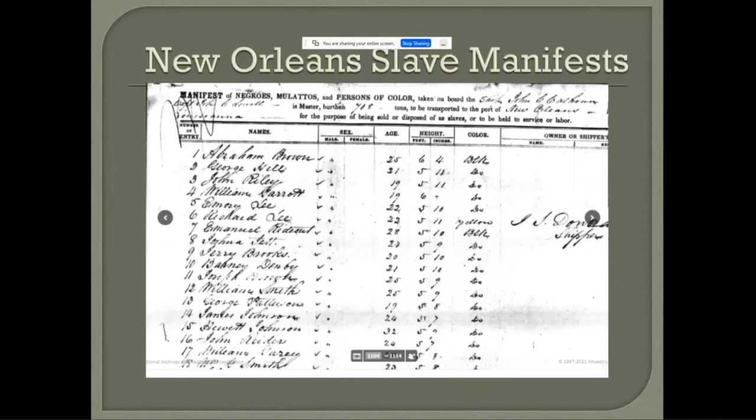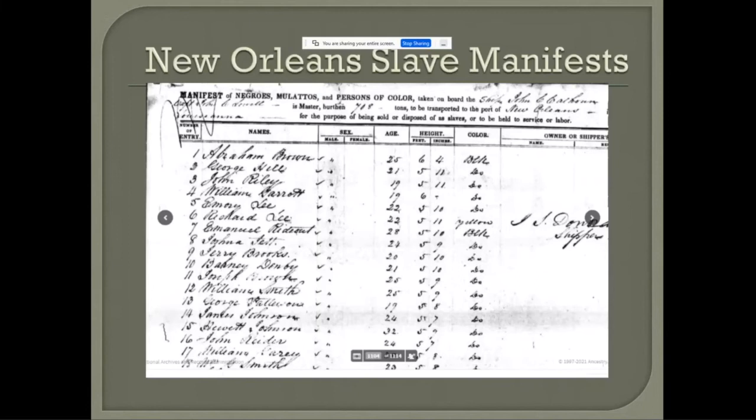Abraham Barron, George Hill, John Riley, William Garrett. They all have last names. This is an amazing resource, especially for people in Louisiana. Also with a description. Abraham is 25, he's 6 feet 4 inches tall. I'm sure he probably went for a lot of money.